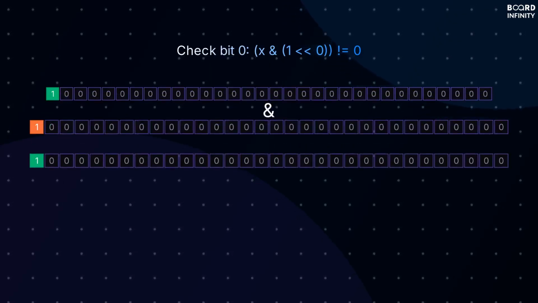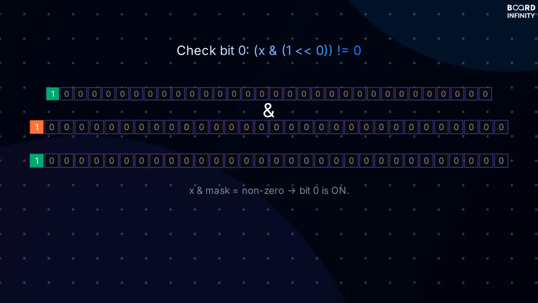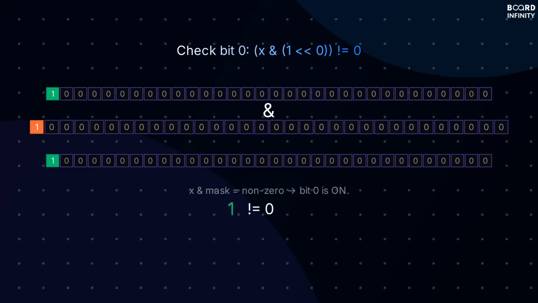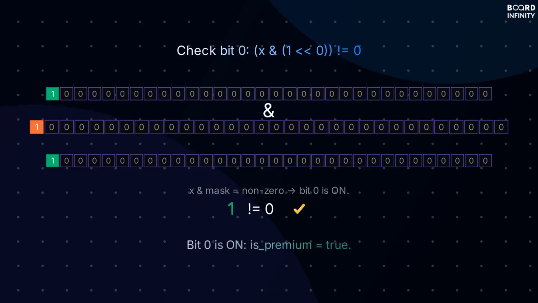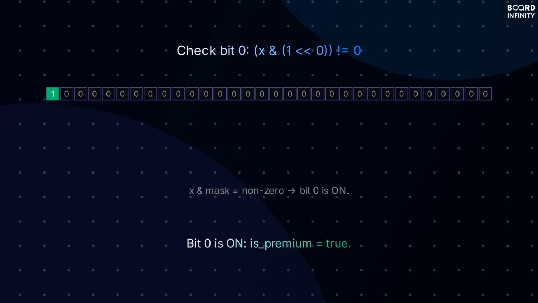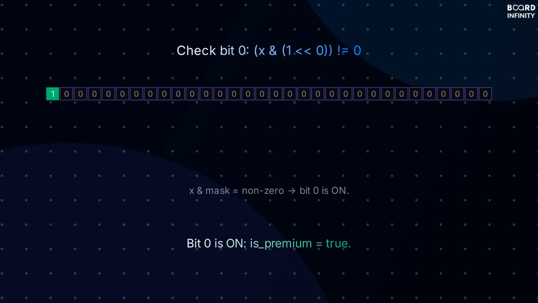If the result of this AND operation is not 0, it means that our target bit was indeed on. A non-zero result, such as 1, directly confirms that bit 0, representing isPremium, is currently true. This allows us to efficiently query the state of any individual flag.